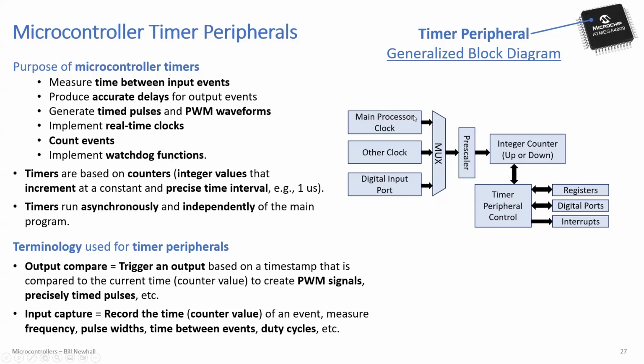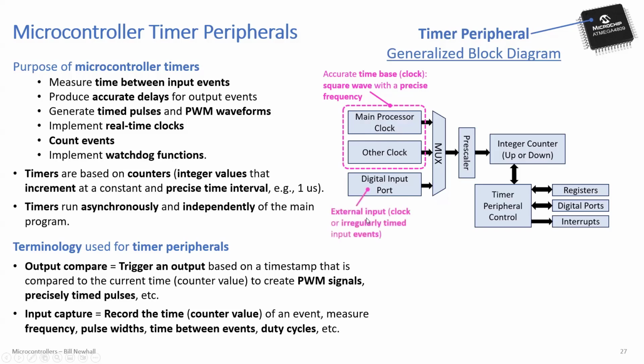Okay, so we have these inputs here, and two of these inputs I've got labeled as a time base. So these are accurate time bases. Those are clock signals. Clock signals are square waves with a precise frequency. Okay, so those go into the timer peripheral.